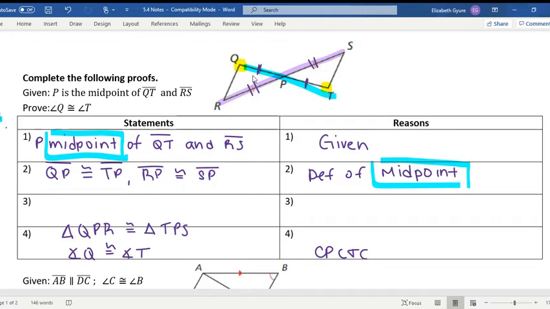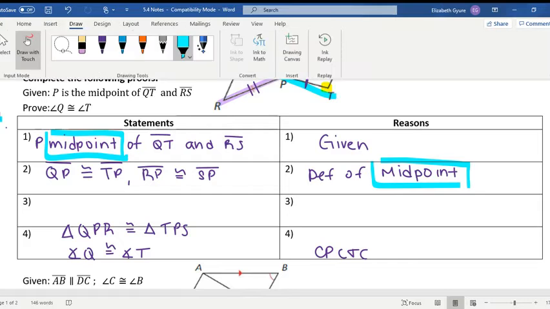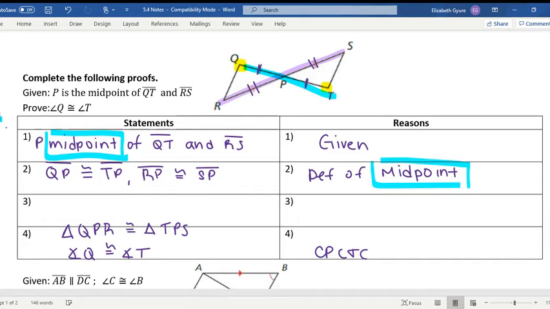What is a picture like this always going to give us? Who remembers? Vertical angles. Your bow tie shape is always going to give you vertical angles. So we're going to have congruent angles in the middle there. And then again, to simplify it, I like to label them as 1 and 2. So this is angle 1 and angle 2.